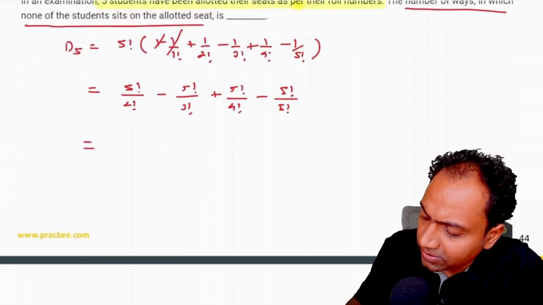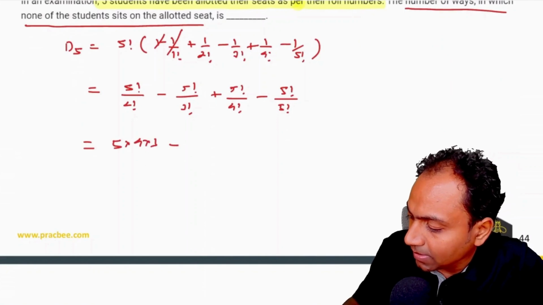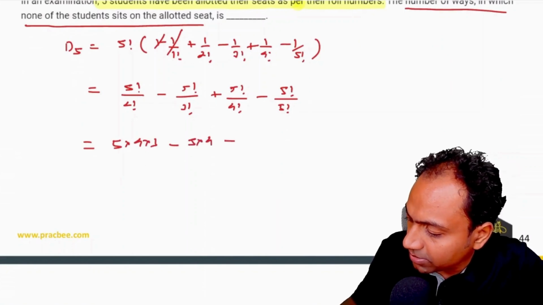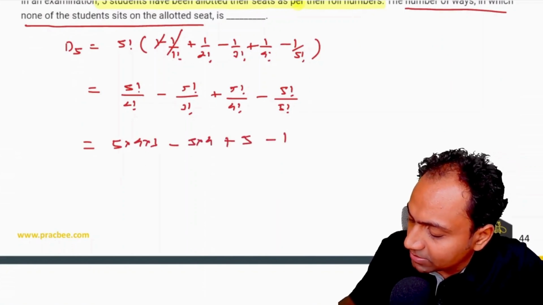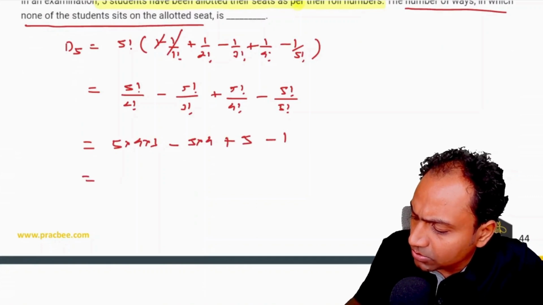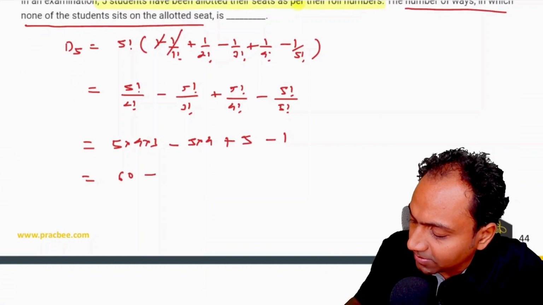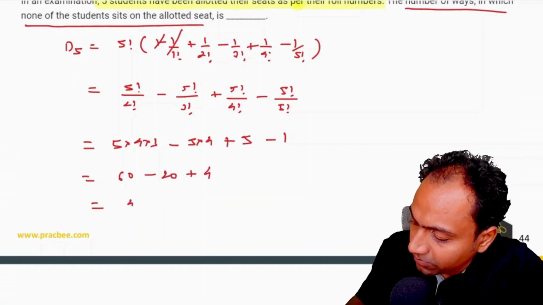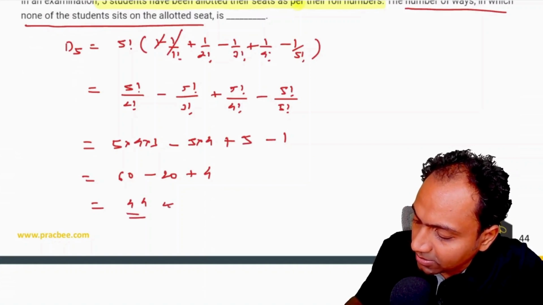On simplification, the first part becomes 5 into 4 into 3, the second becomes 5 into 4, the third becomes 5, and the last becomes 1. So 5 into 4 is 20, 20 into 3 is 60, then 60 minus 20 plus 5 minus 1, and this becomes 44.